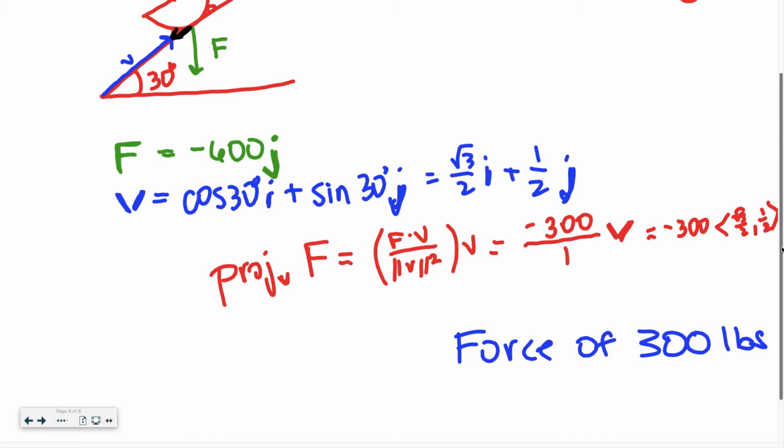So this is showing us the force of the boat going down the ramp, and therefore that's the force we need to counteract. Yes. It feels like we did physics, but without having to account for the normal force. Yeah, we just skipped it. Somehow, that's what vectors do.